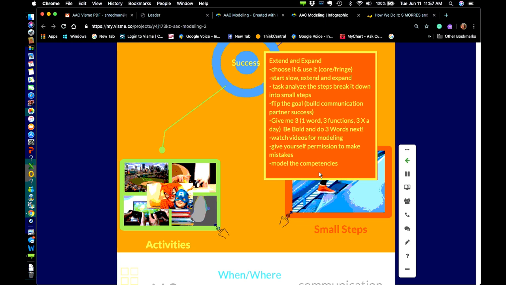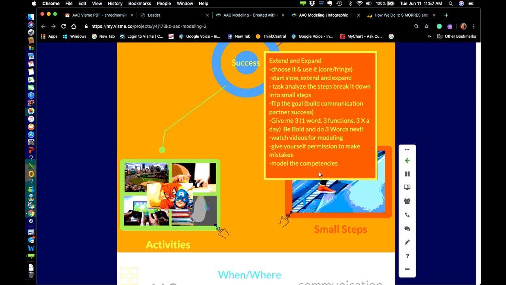Some of the mindset changing that we did in the classroom that we felt really made our team cohesive and robust AAC partners and communicators was that we would choose it and use it. So we would start with one, start slow. We wanted to start with 1 word and 3 functions in a day.